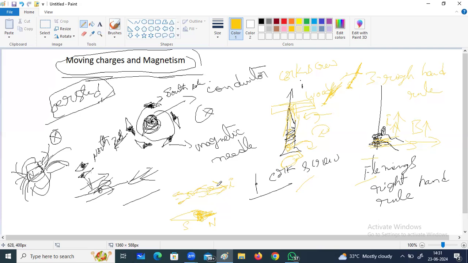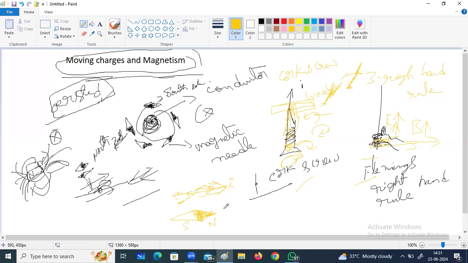Then the north pole of the needle will deflect towards his left hand.